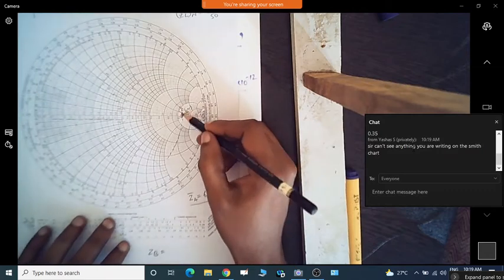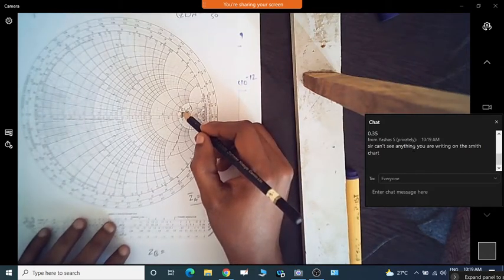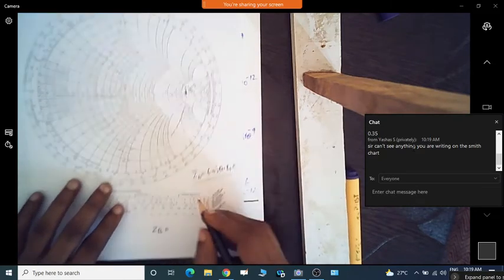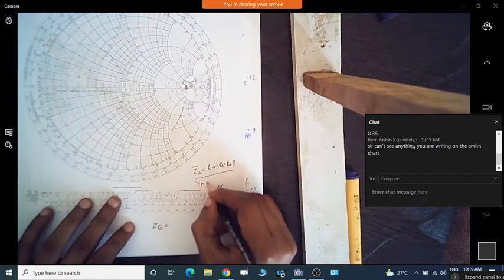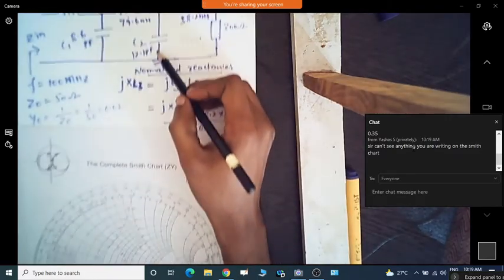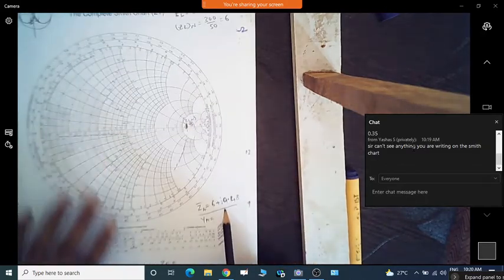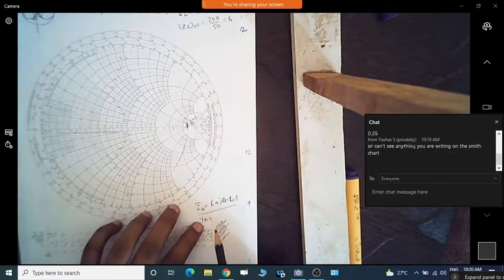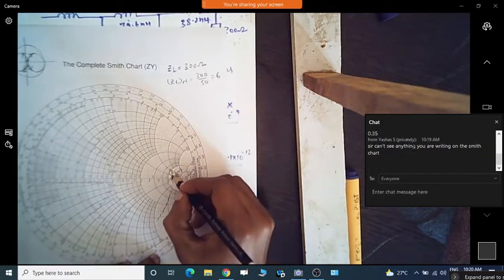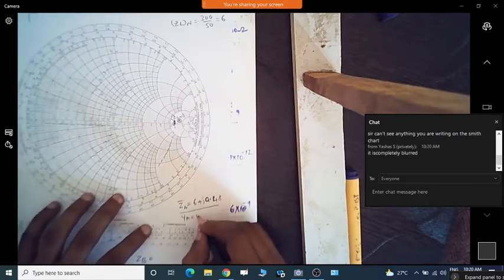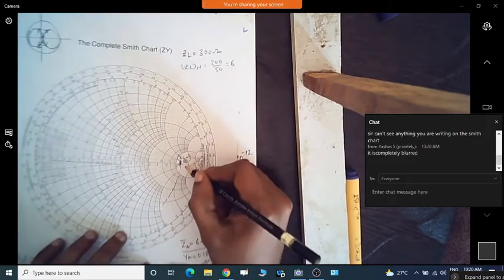Before adding the susceptance, we need to find out the admittance value. Once we find the admittance at point A, YA, we need the admittance because we are adding the susceptance, not the reactance. Here we have the reactance value. So first we find the admittance at point A. You can see it is around 0.18, the conductance value.